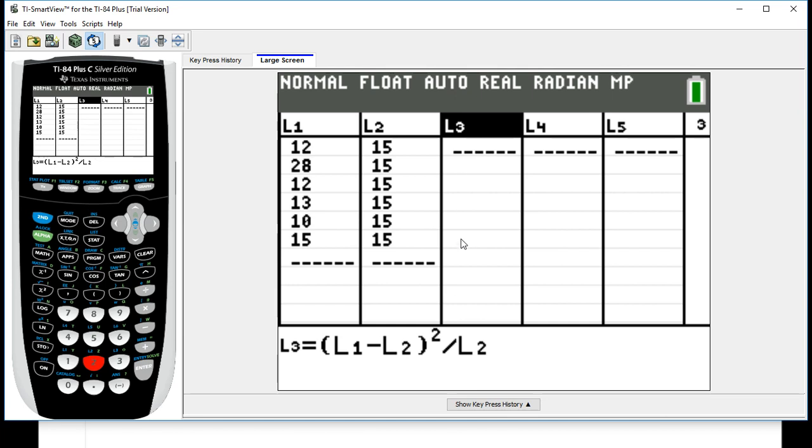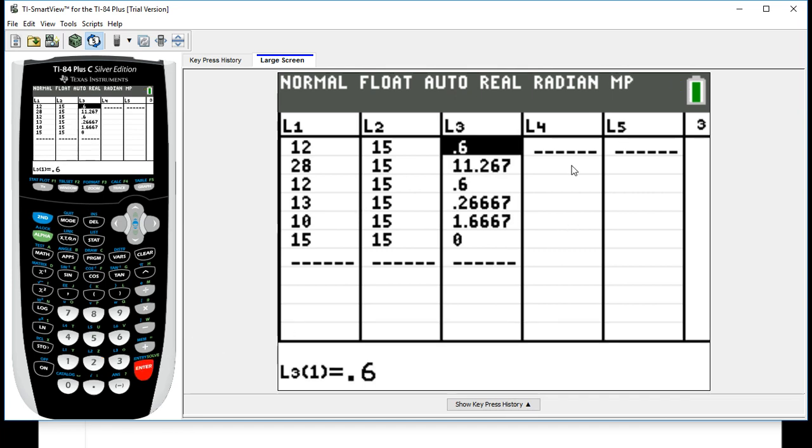You should never have negatives in this column because the squaring makes them go away. And then don't forget the parentheses. So it should look exactly like my screen. Make sure L3 is highlighted, not these lines. That won't work either. So hit enter, and these are our components. So I'm going to write that on my paper. You can copy it when I show the screen again. And these are the components.